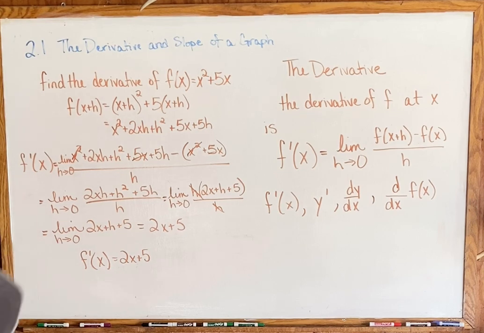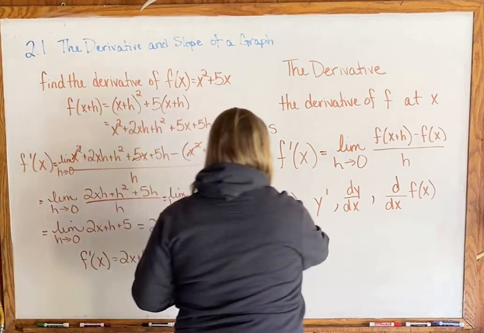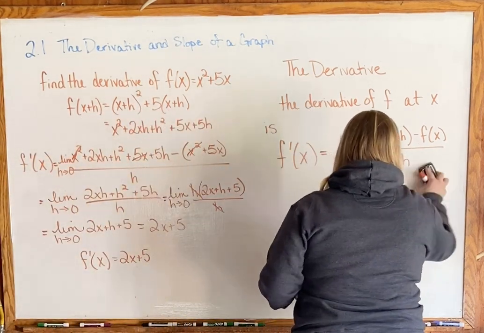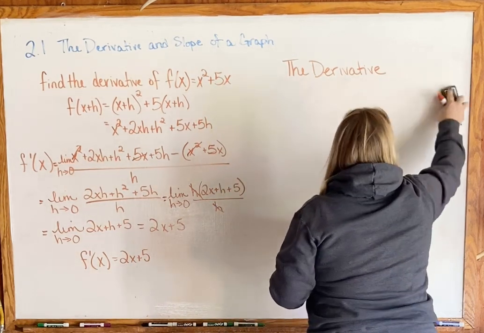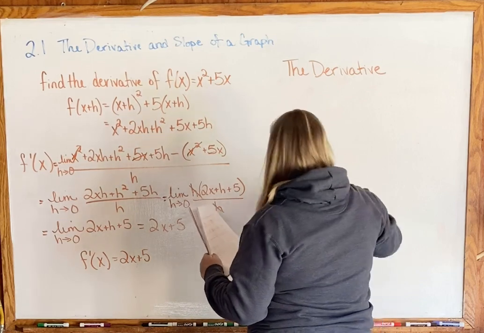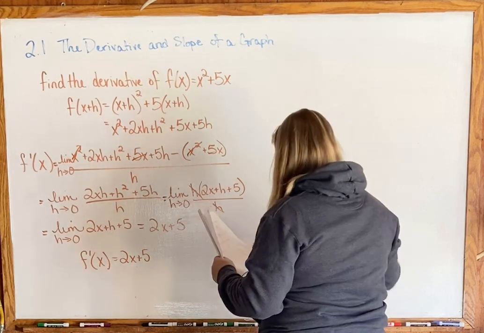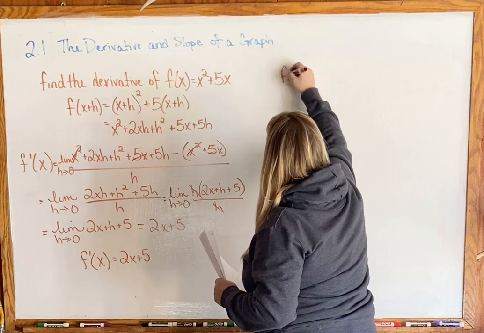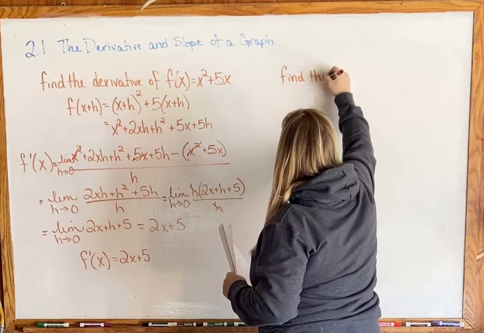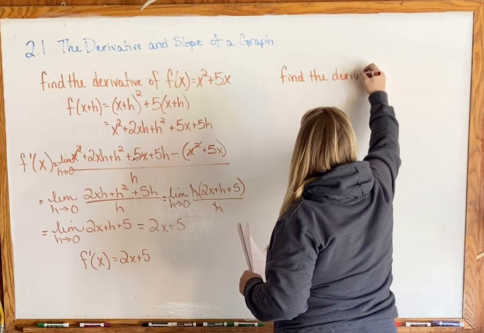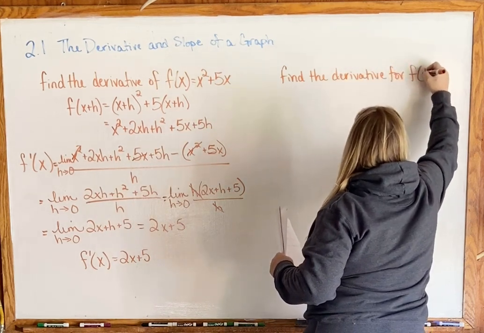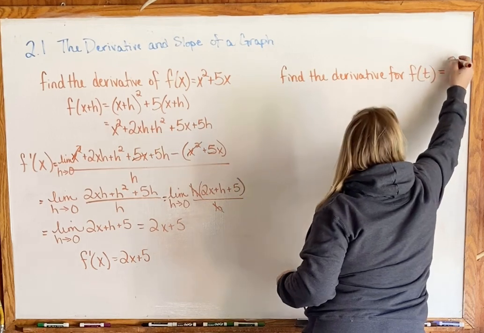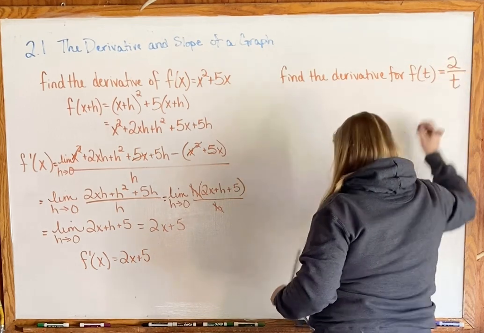Okay, so how about a different looking guy altogether? So this time we're going to find the derivative for f of t equals 2 over t.